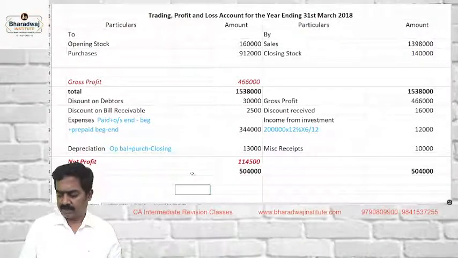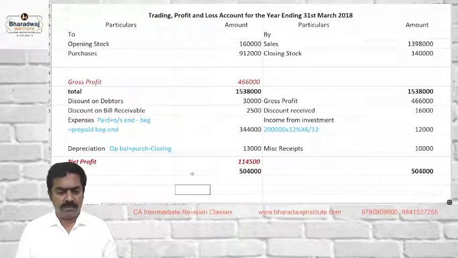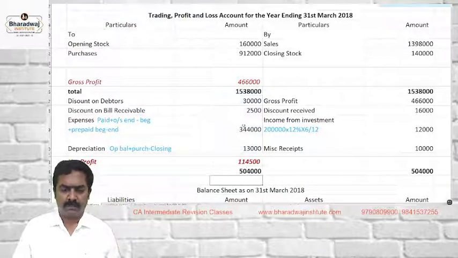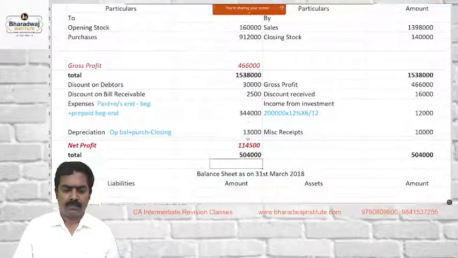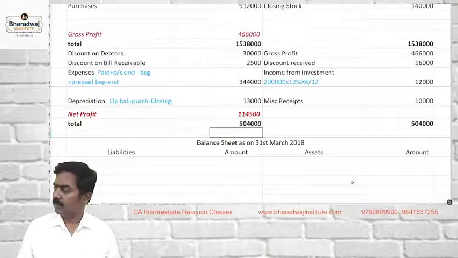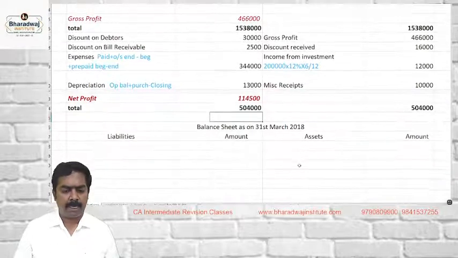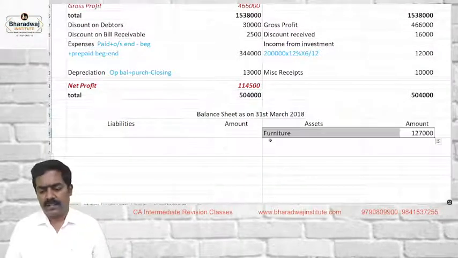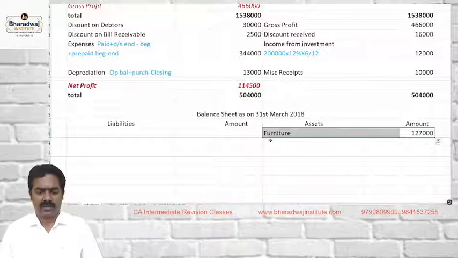Next, prepare the balance sheet. Assets: furniture after depreciation 1,27,000 is given.